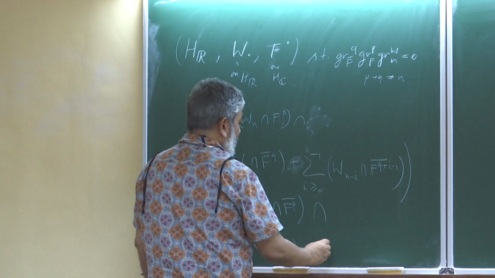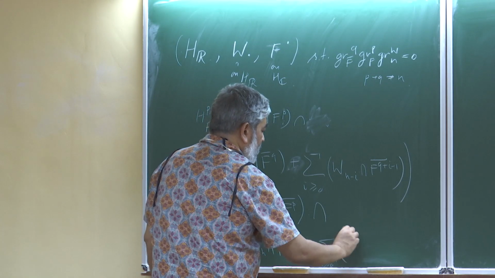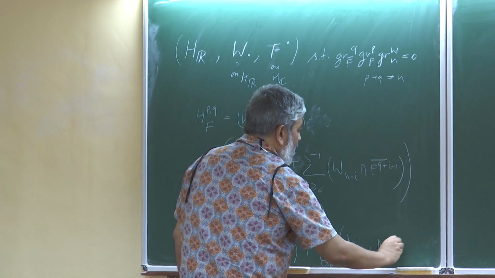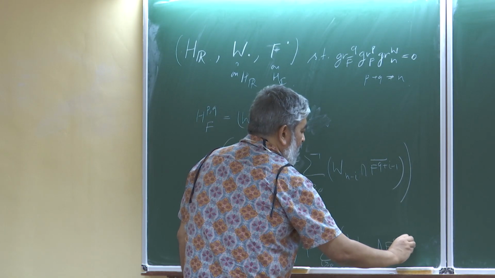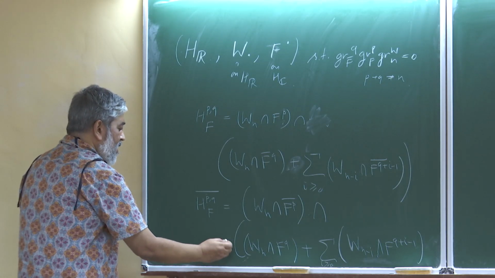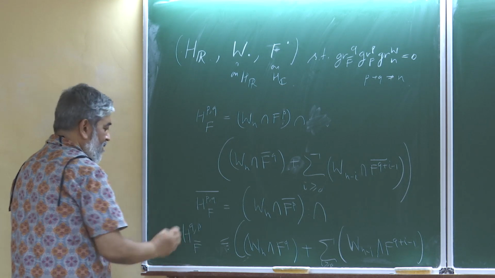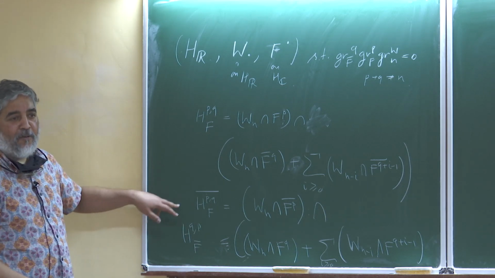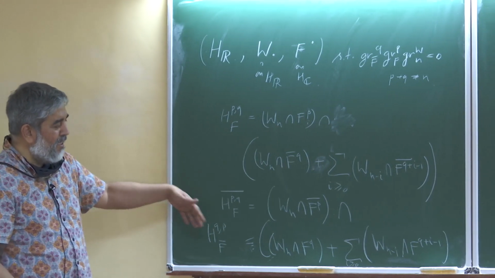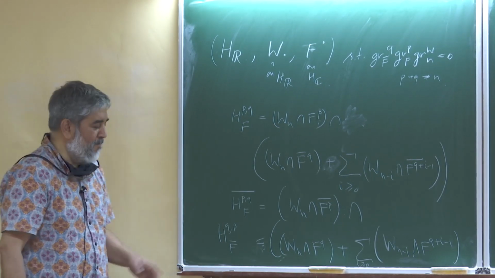Because F^q bar bar is F^q, plus the sum over i greater than 0 of W_{n-i} intersection F^{q+i-1}. If you look at the definition, this is equal to the definition of H^{q,p} for F bar. That identity I did not point out yesterday. It's worth noting because various things you only need to check for F, and automatically they will follow for F bar.